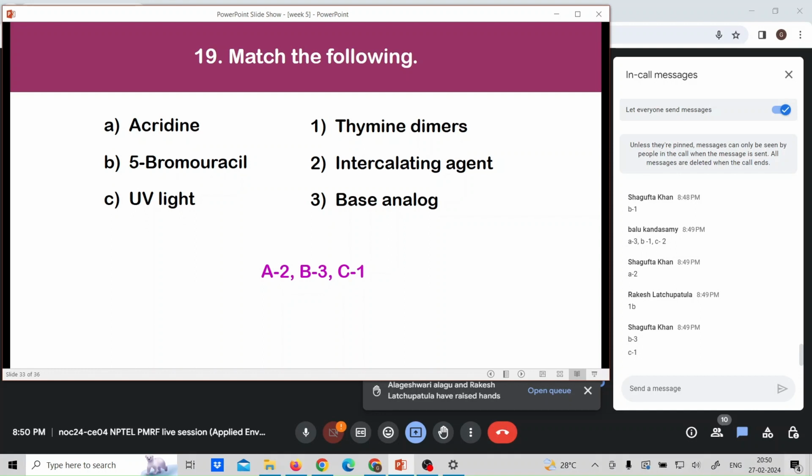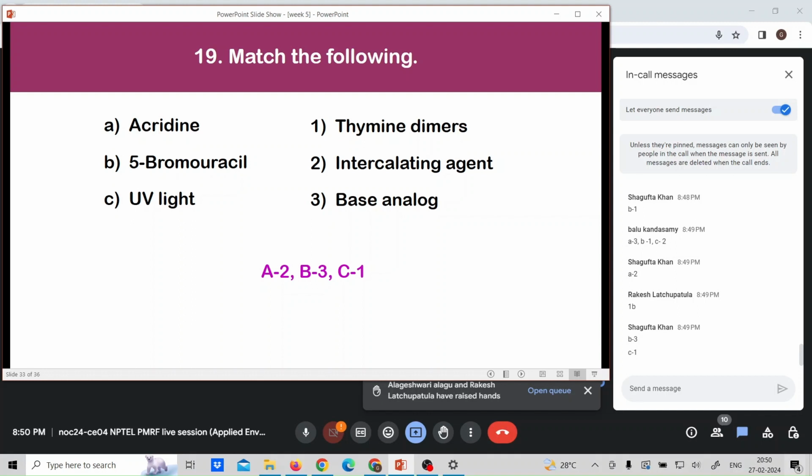It's A2, B3, and C1. Acridine is kind of an intercalating agent. So it intercalates in between the DNA double helix. So in that way, it is going to cause the mutation.